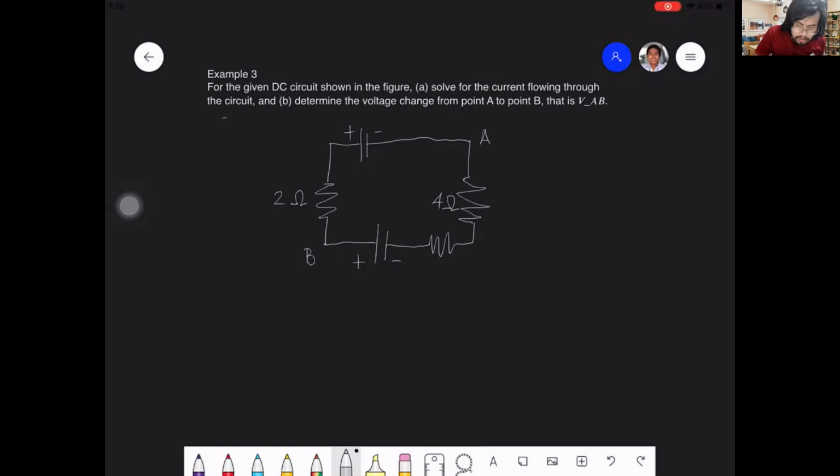Right, so this is given. Find the current I. Well, we have only one circuit, so all of these elements will be experiencing the same current. We'll have to attach a convention to our direction.